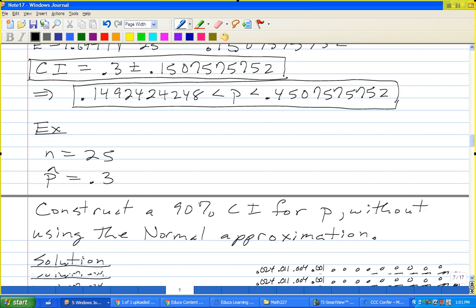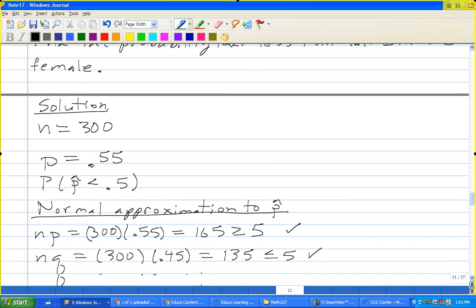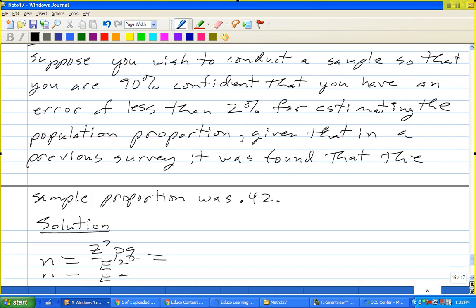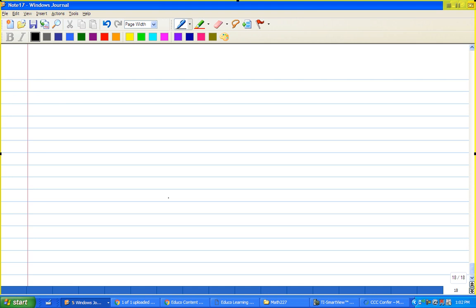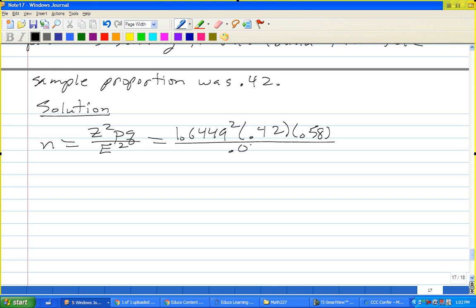Okay, 1.6449. P is 0.42. Q is 0.58. And E is 0.02.